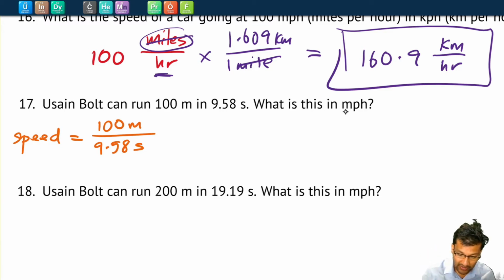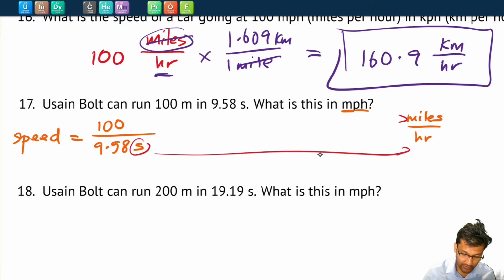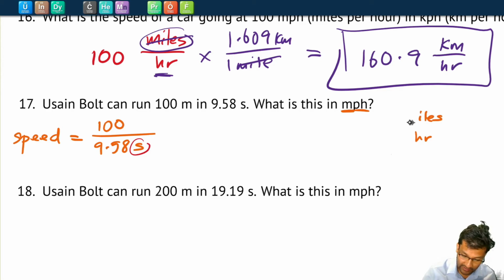But we want this in miles per hour. If we're focusing on one unit at a time, we need to find a way to convert meters to miles and seconds to hours. Let's just look at meters to miles to begin with.